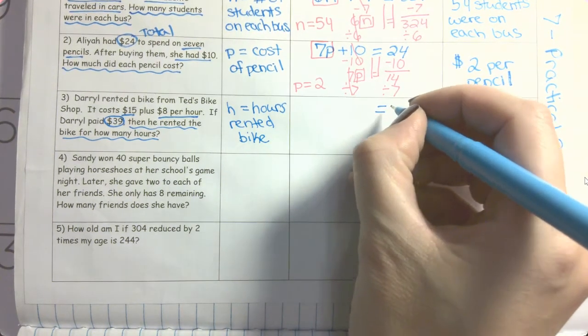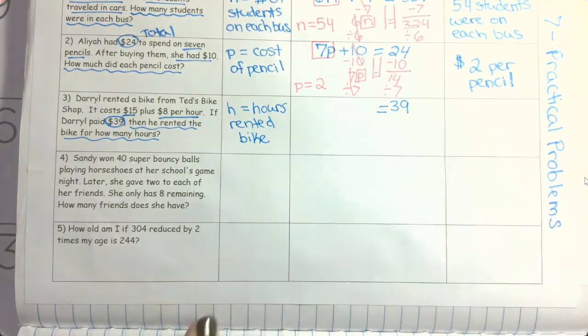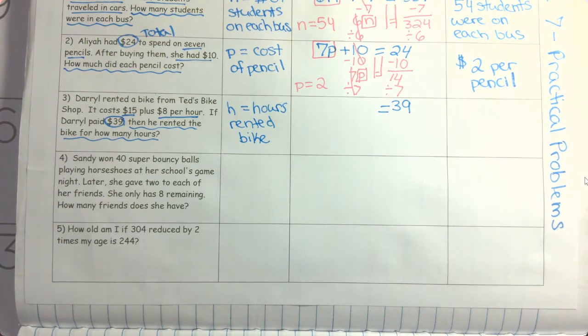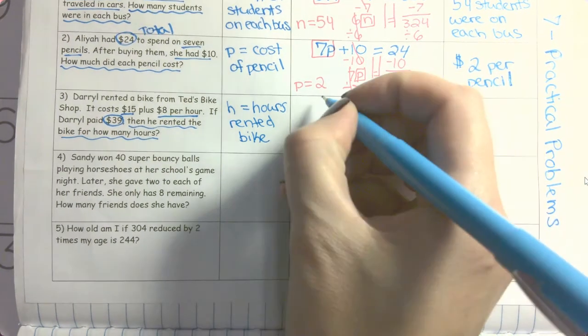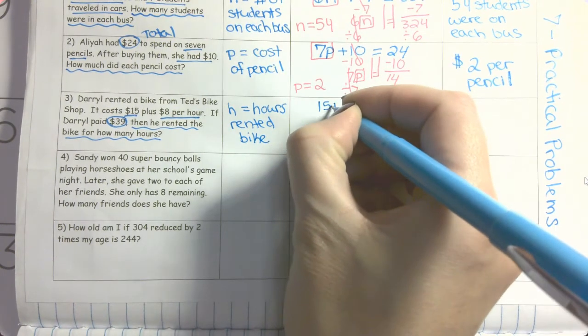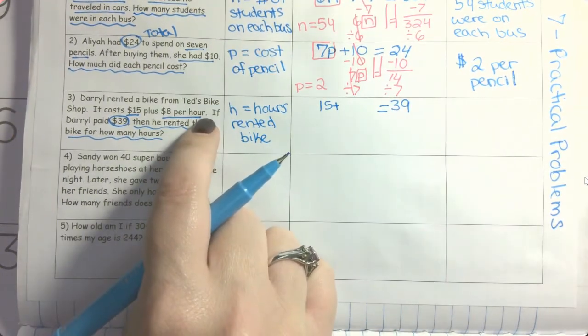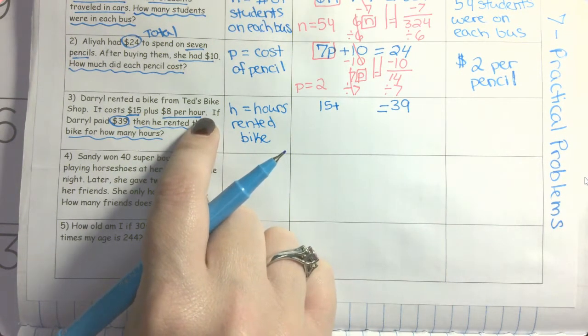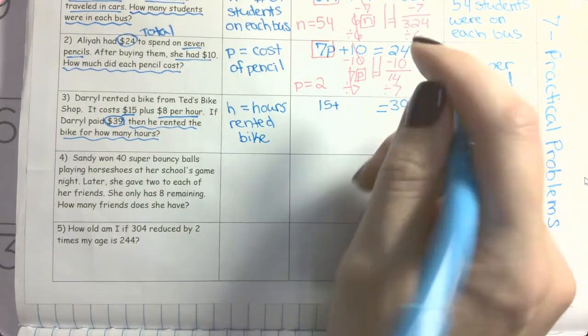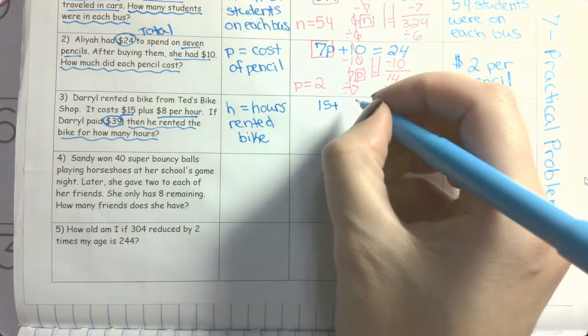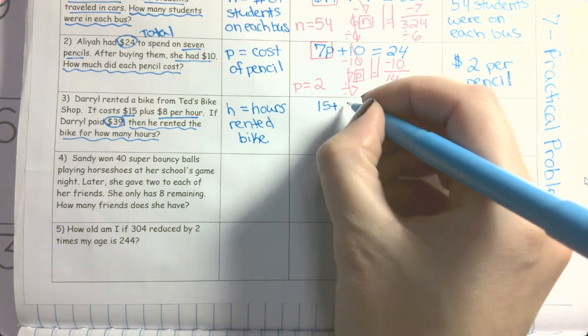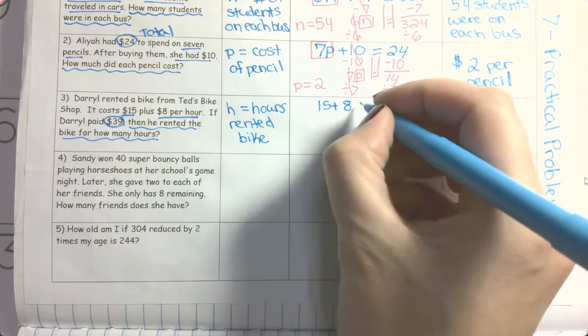We have to see what is combined to create the 39. So $15 plus $8 per hour. Per is going to mean times in this case. So 15 plus 8H, or $8 times the number of hours.